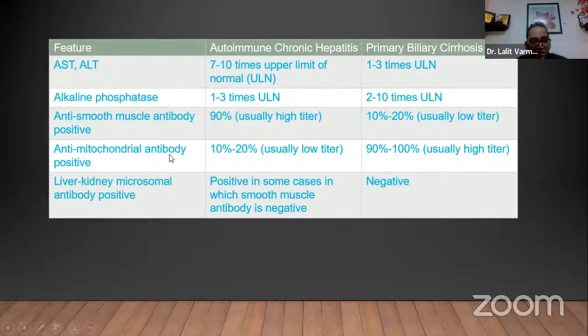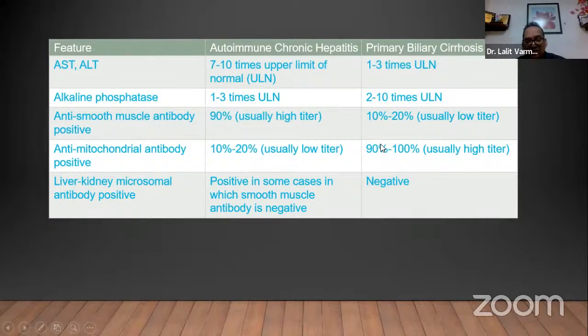Then these are some of the autoimmune antibodies. The first one is anti-smooth muscle antibody, which is seen in 90% of autoimmune hepatitis, not much common in PBC. Your AMA, the anti-mitochondrial antibody, is mostly seen in PBC. So that's how we differentiate.